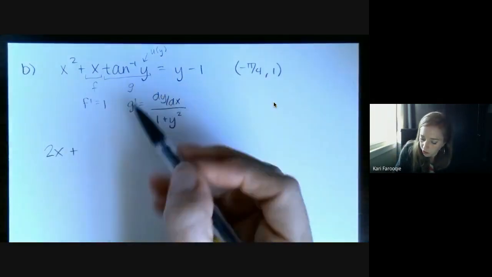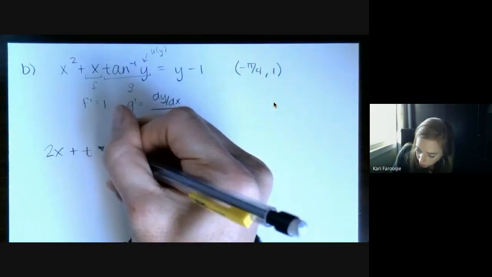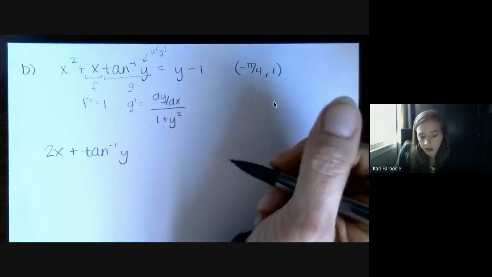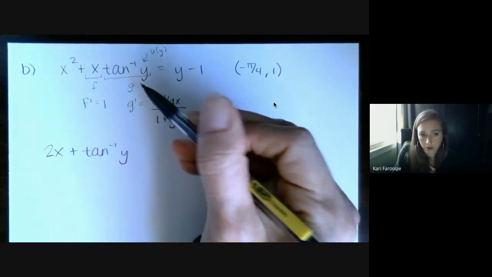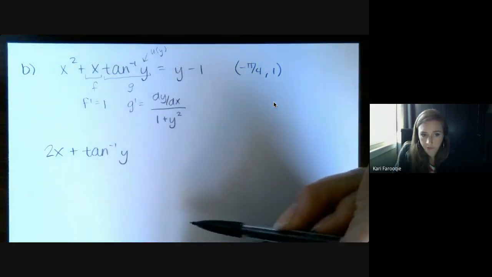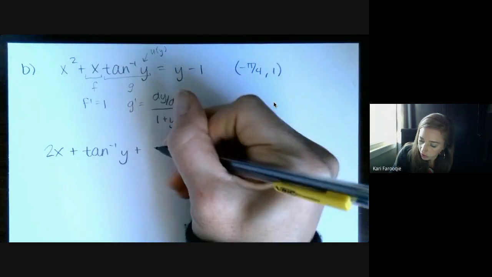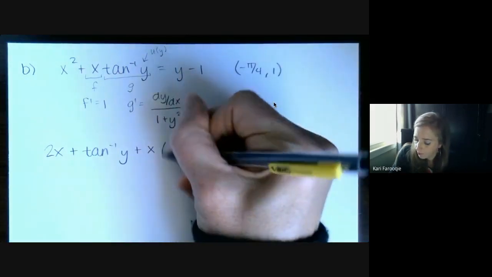F prime g, well, f prime is just 1, so I'm not going to write it. F prime g is 1 times the inverse tangent of y. And again, I'm not putting a dy dx on here because it's f prime g, not g prime. F prime g plus f g prime.